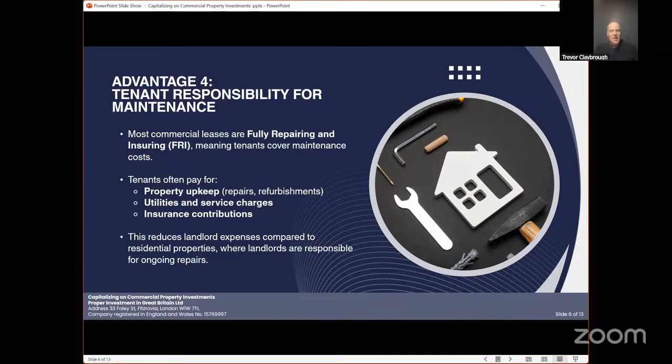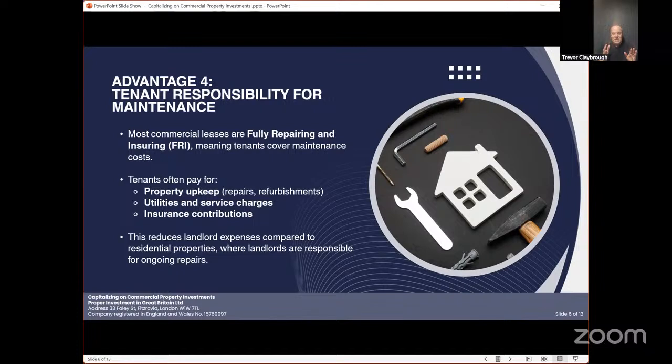In the case of commercial leases, most of them are what's called, this is a specific term, fully repairing and insuring, we say FRI, which means that the tenants are covering all the maintenance costs. So anything that goes wrong inside the building is the responsibility of the tenant.